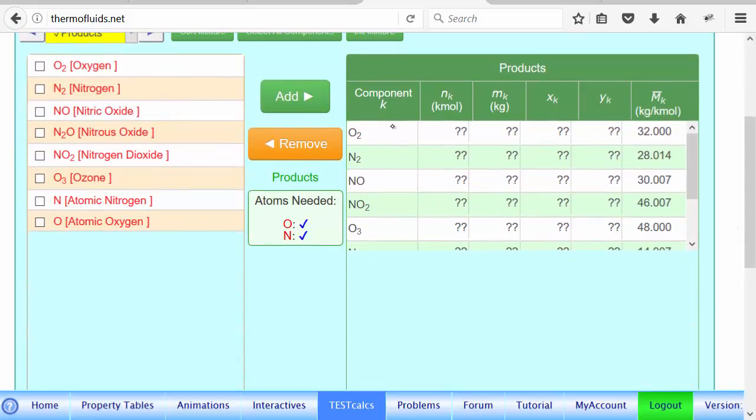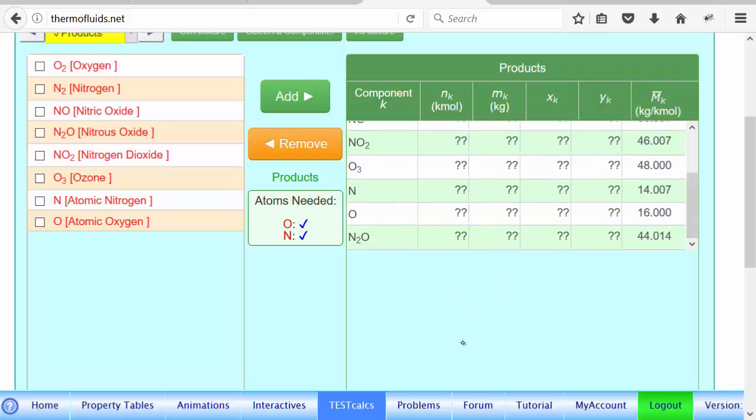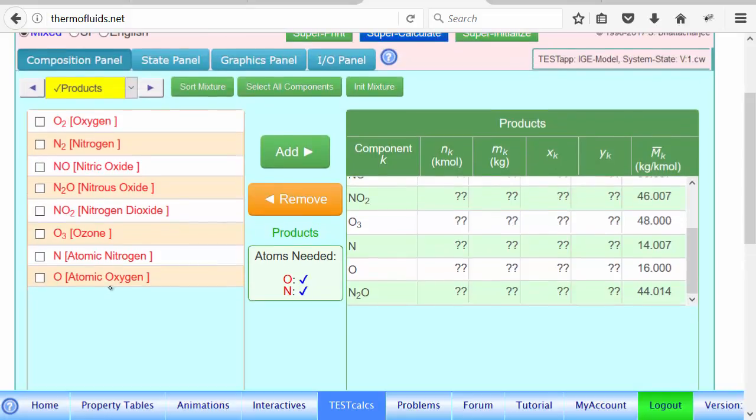As you can see, we have listed all these products in this big list. And this is the room for the pie chart. We don't know the pie chart yet because we don't know the exact composition. We have defined the products. Define means we have said what are the possible components, but we don't know their amount. And all the atoms that we need to cover have been covered.